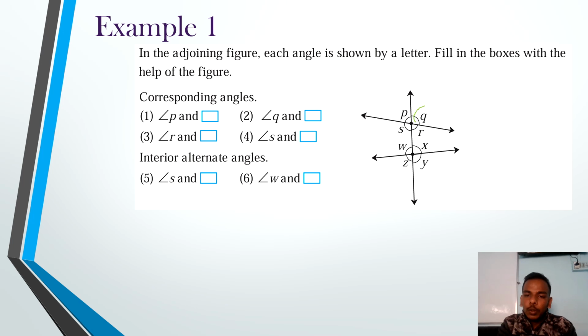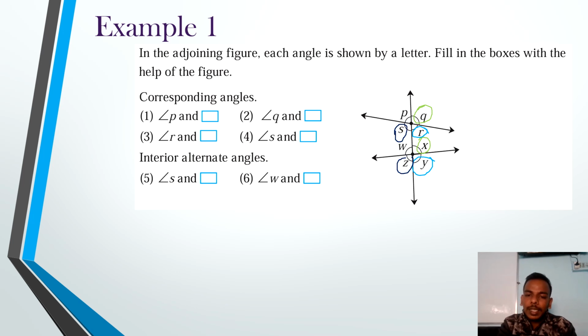Here is Q. Same as Q, there is angle X present. So your Q and X angles are called corresponding angles. Same, what is the corresponding angle of R? As you can see, likewise for R, angle Y is present. So your R and Y are called corresponding angles. And lastly, what is your corresponding angle of S?